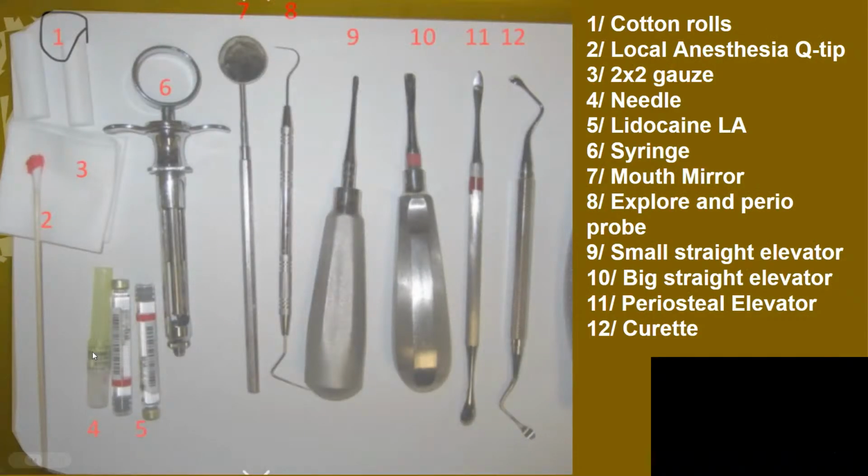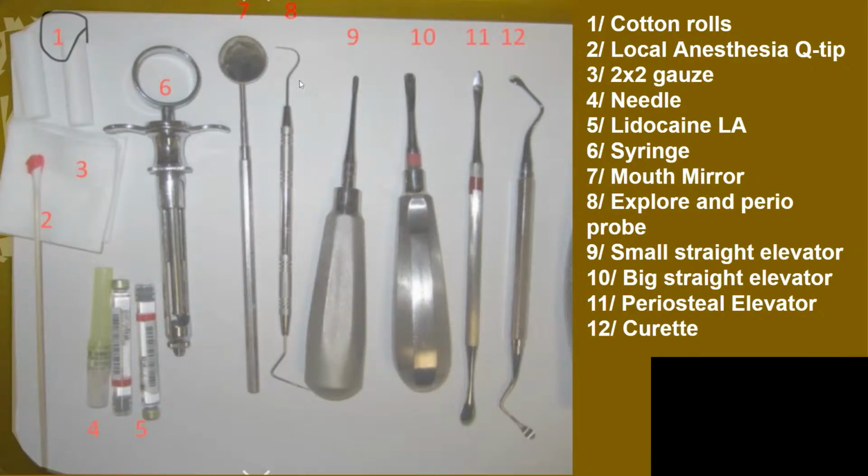Let's go over quickly the basics of the surgical tray. Number one is cotton roll, two is Q-tip with topical anesthesia, three is the 2x2 gauze, four is a needle, five is the local anesthesia, lidocaine, and number six is the syringe.